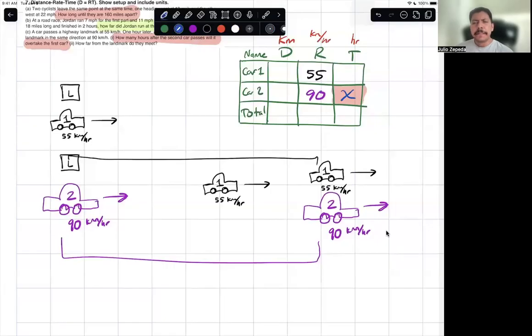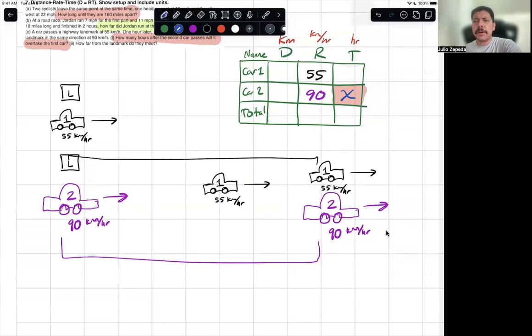Now for car one, how much time has passed? How much time does car one travel until it gets overtaken by car two? So think about that for a moment.